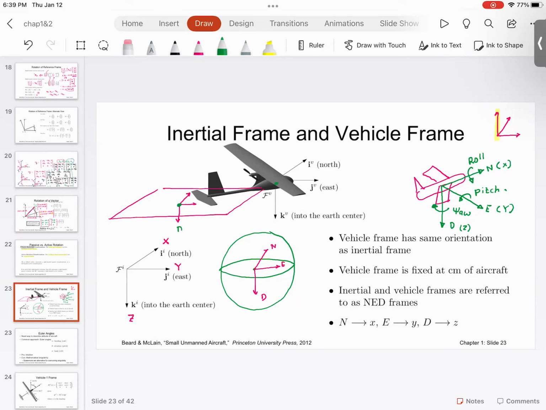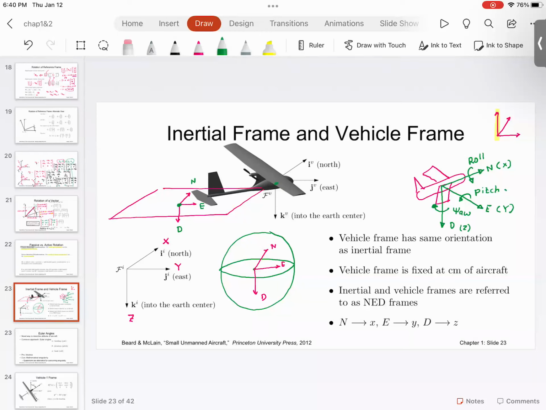So this is down, this is north, and this is east. Please understand, I'm still following the right hand coordinate system. X is thumb, Y is the first finger, and Z is the third. X is north, Y is east, and Z is down. So this is the frame, no left hand, right hand.